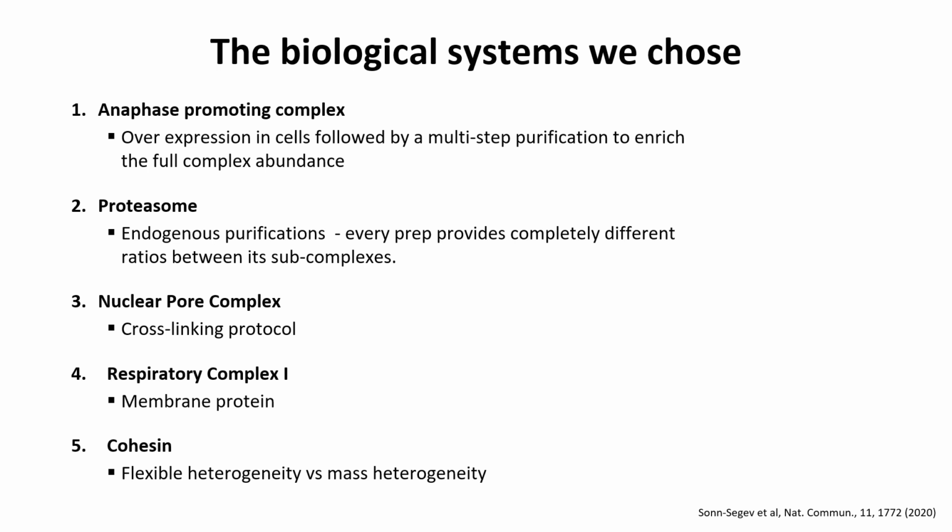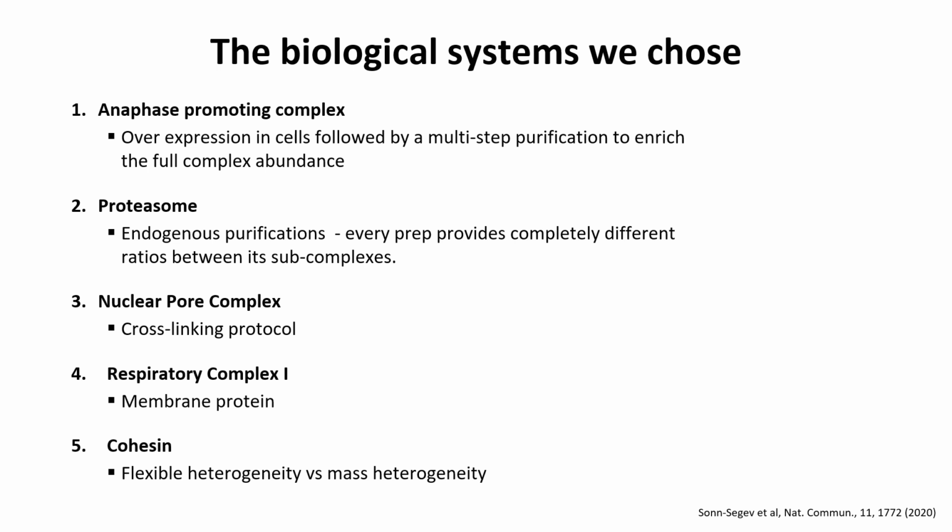So in order to achieve our goal of showing that mass photometry can really be beneficial for protein sample characterization, we chose different biological systems. Each system will highlight a different aspect of the advantages of mass photometry.